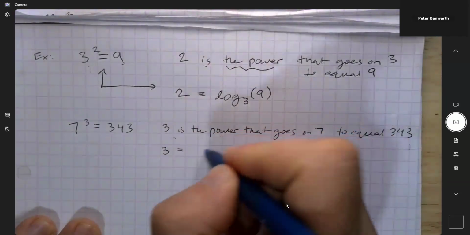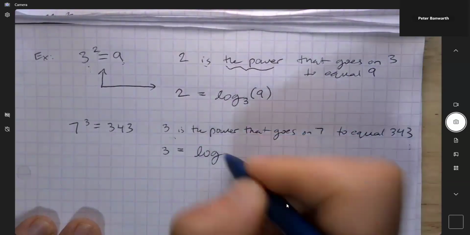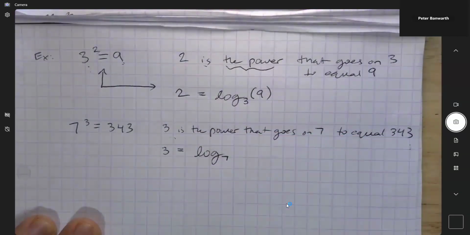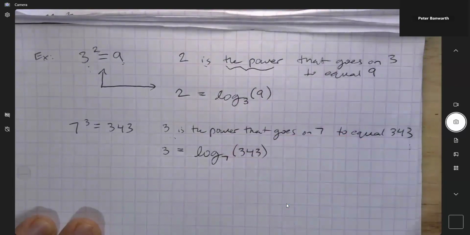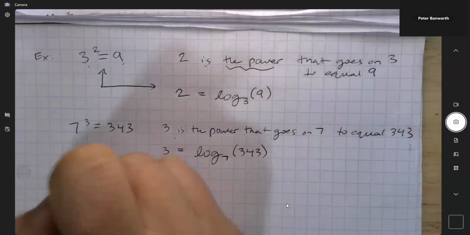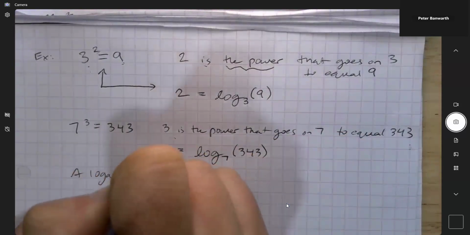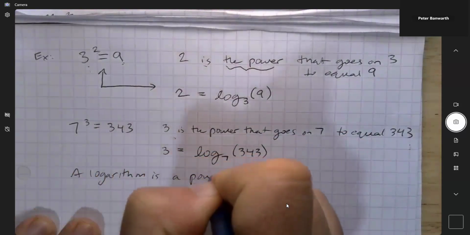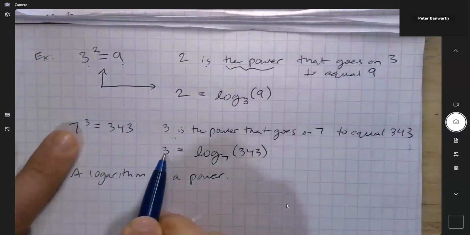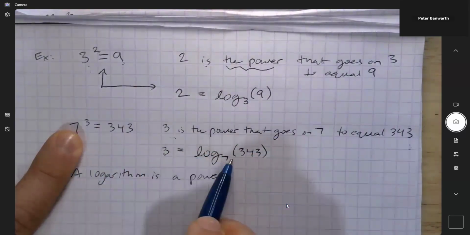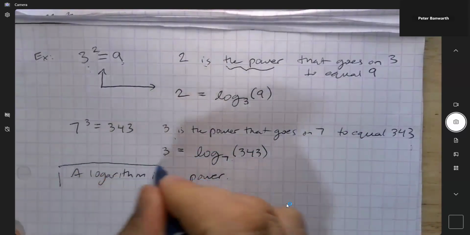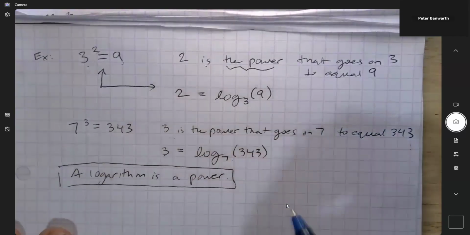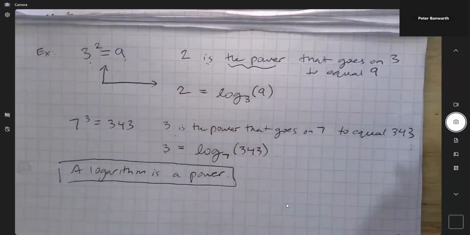Whenever I see the power, I'm going to think log. It goes on 7, so I put 7 here in the base to equal 343. A logarithm is a power. 3 is the power. 3 is also the logarithm. So a logarithm is a power. If you can remember that, it really helps keep track of logarithms and exponentials.